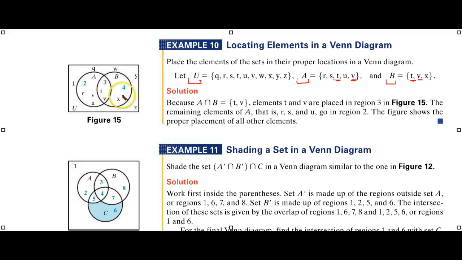And the only other element out in letter B would be the X. And looking at this carefully, you see how they put it together.